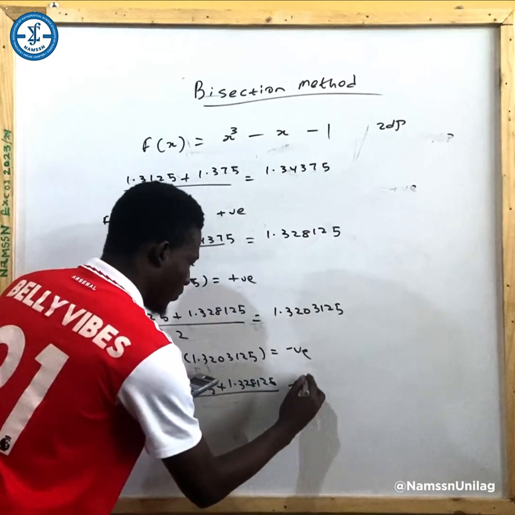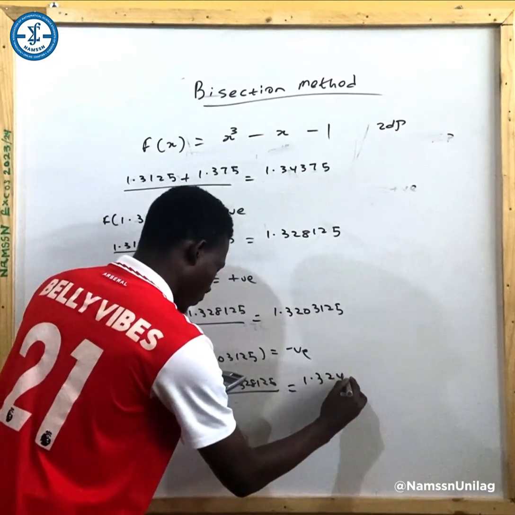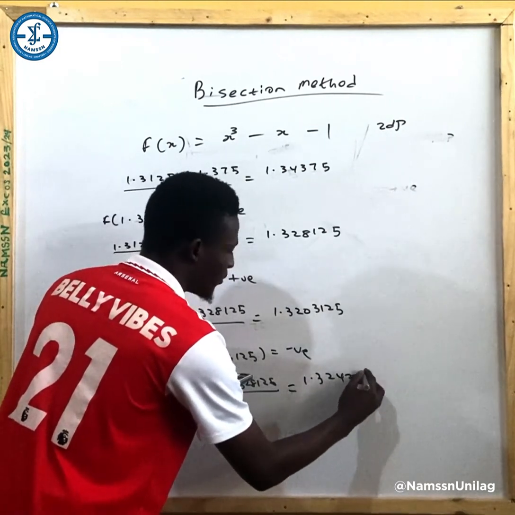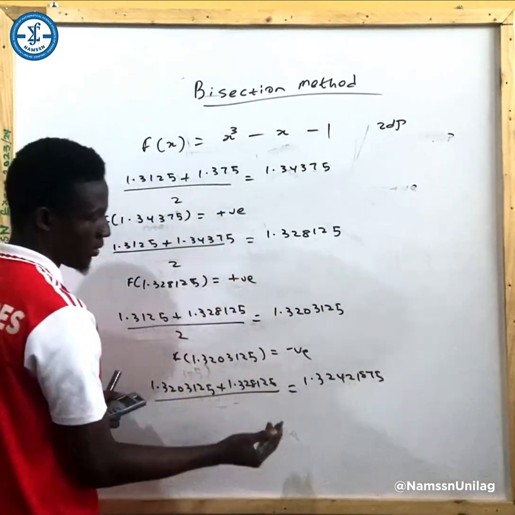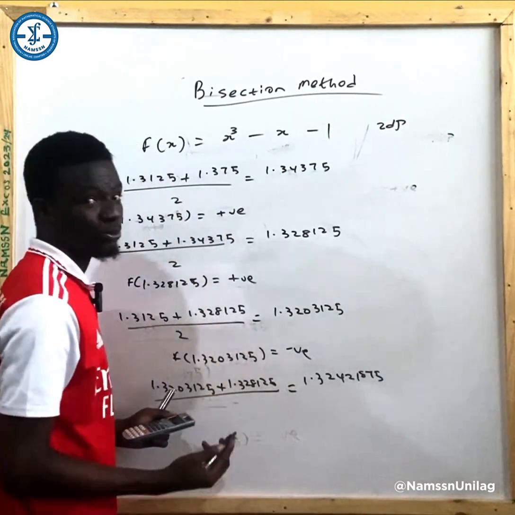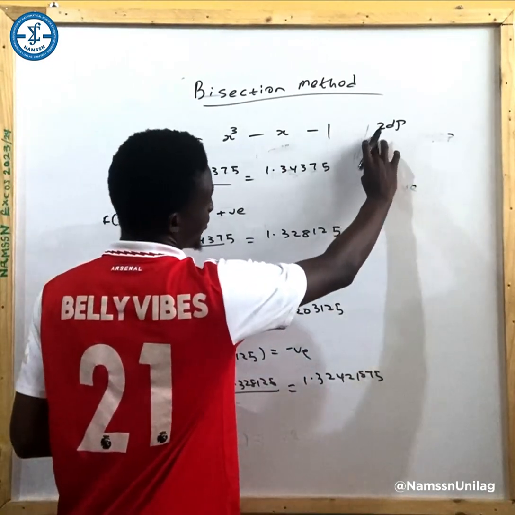So that is 1.32421875. So I'll stop here since I'm deciding to take my answer at 2 decimal places.